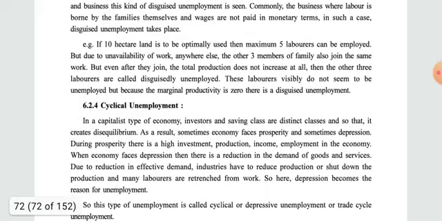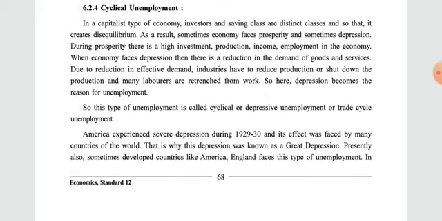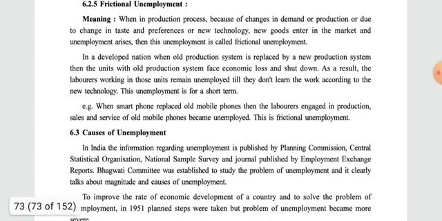We have discussed it in detail in today's session. Cyclical unemployment is the case of a capitalist type of economy, where due to cyclical changes in business, that is due to depression or prosperity, this kind of unemployment can be seen in developed or capitalist countries like America, England, Germany, etc. And last but not least is frictional unemployment.